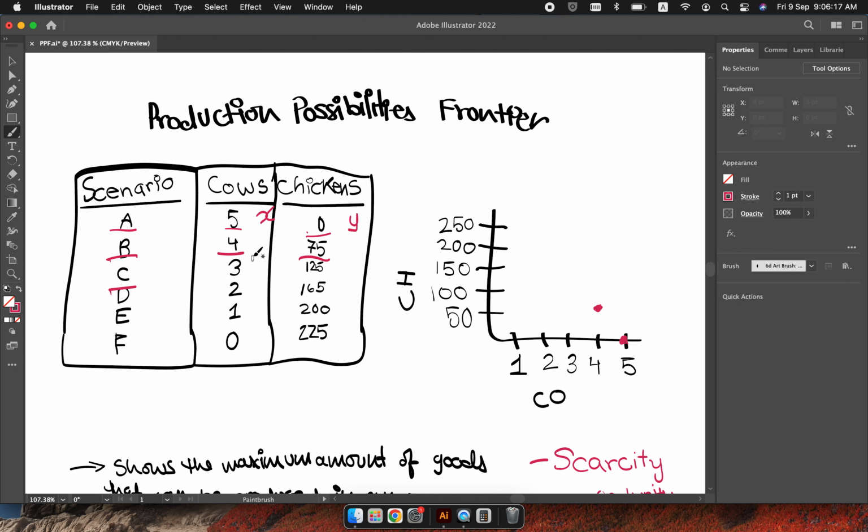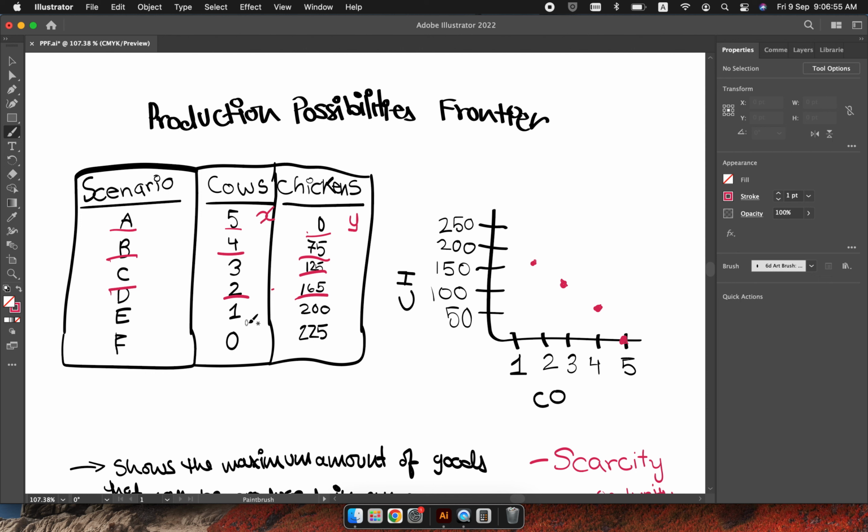So this time the farmer sells another cow and gets another 50 chickens. So we have 125 chickens. So 3 and 125. That is here. And then the farmer sells another cow, and we now have 165 chickens. So that's 2 cows and 165 chickens. That would be somewhere here.